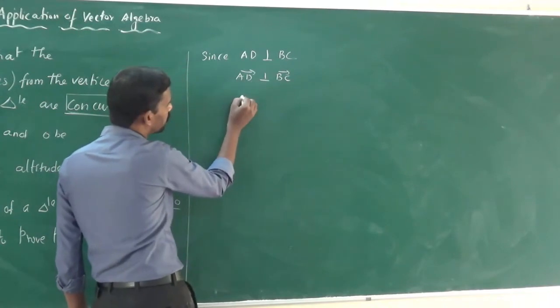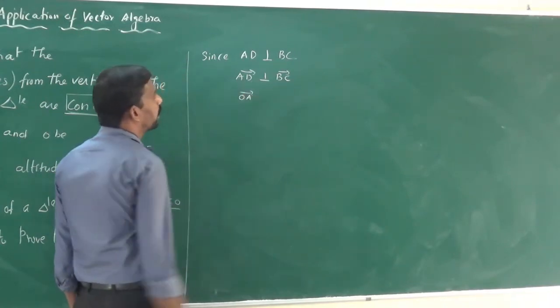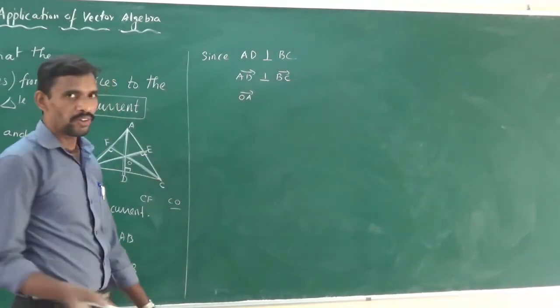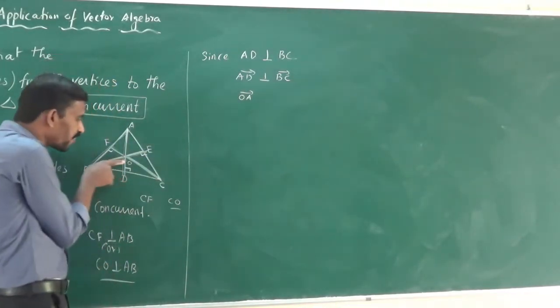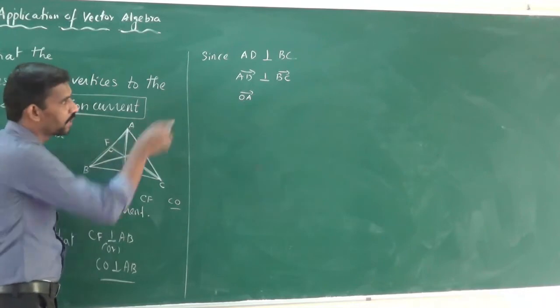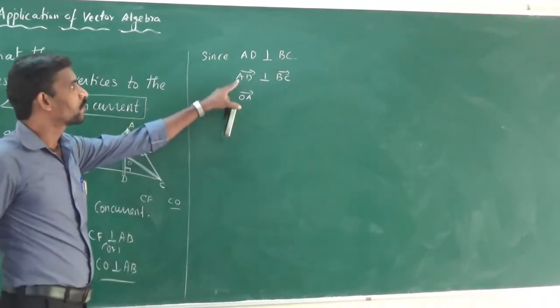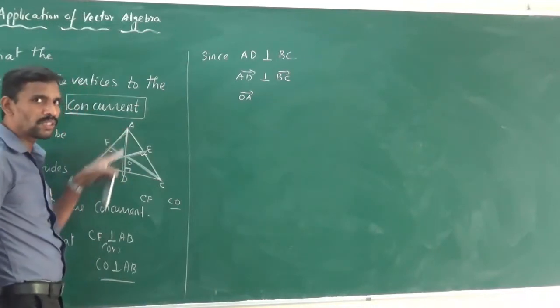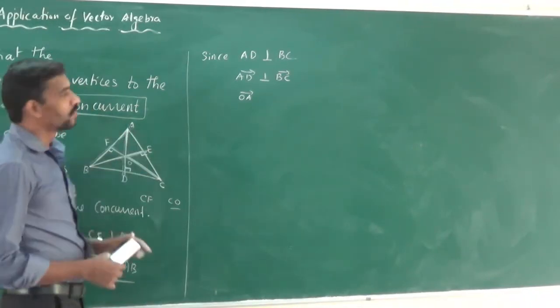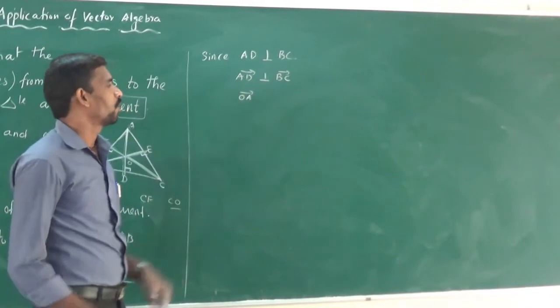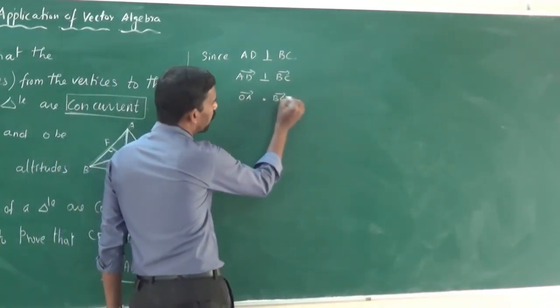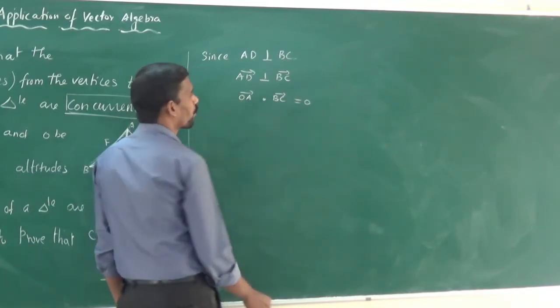Instead of AD, I took OA, because we have to say concurrent, so the point of concurrency is O. AD is a line, AO is also a line, but this is a part of the line. So instead of AD, we took OA here. So OA vector dot BC vector is equal to 0.